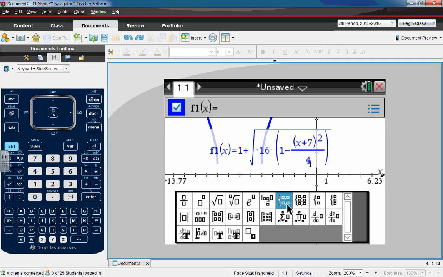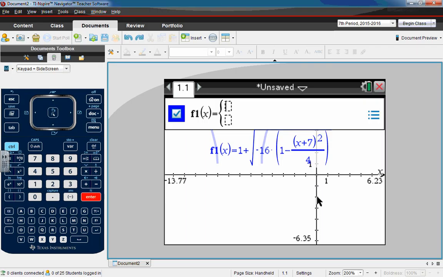The first one with the comma says that I can have 2 functions, and then that comma means I have a domain restriction. Okay? This one right here says that I can have 3 functions with domain restrictions. This one right here says that I can have 2 functions without domain restrictions. And this one right here says I can have 3 functions without domain restrictions. So I'm going to go to this one because I'm not going to put any domain restrictions in right now.